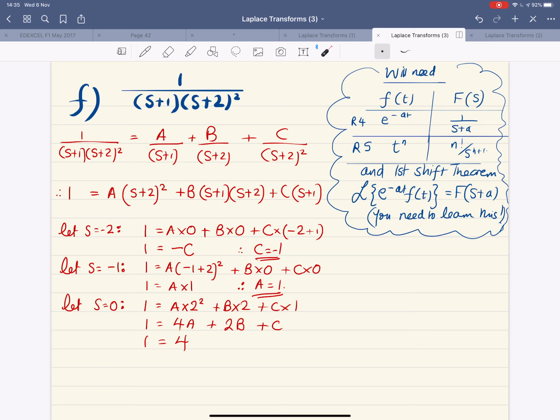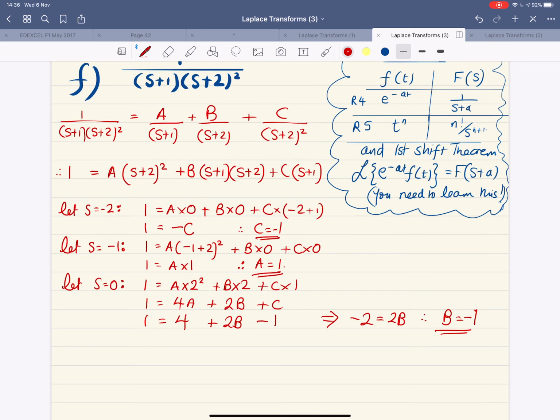B, we don't know what it is. C is minus 1. So it's plus 2B, and then plus C is minus 1. Come over here to save a bit of space. So on this right-hand side, I've got 3. 1, take away 3, minus 2 is 2B, so therefore B is minus 1.